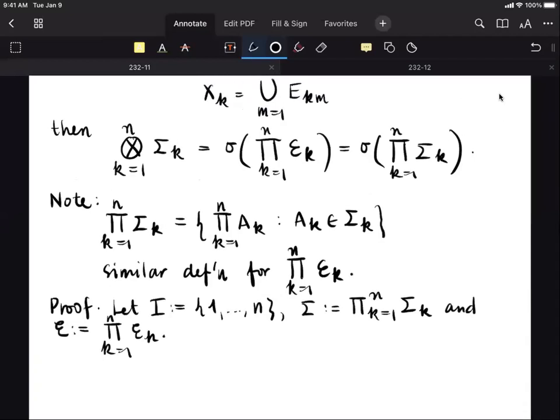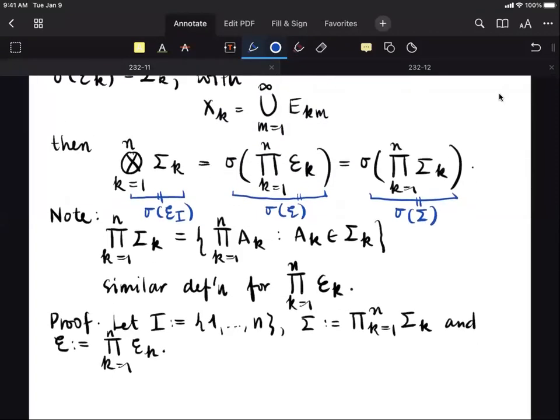In this way, we can write, according to the previous theorem, this is equal to the sigma algebra generated by A_I, and this will be the sigma algebra generated by E, and this will be the sigma algebra generated by sigma. Here we just introduce some notations so that we have simpler expressions.